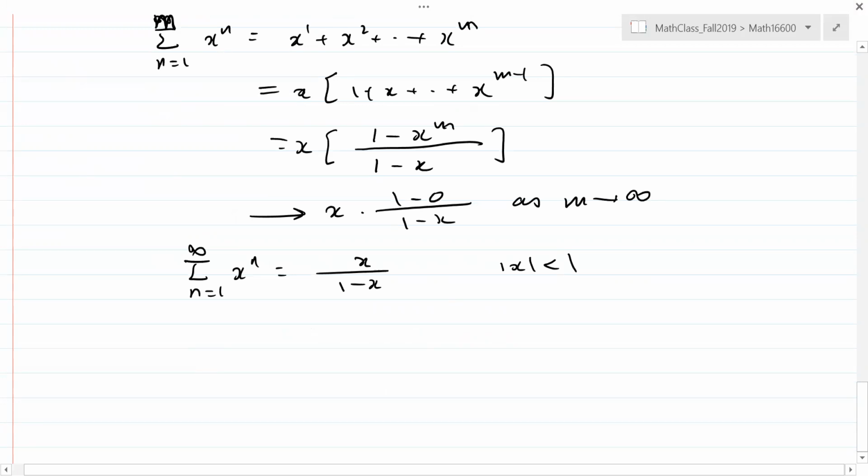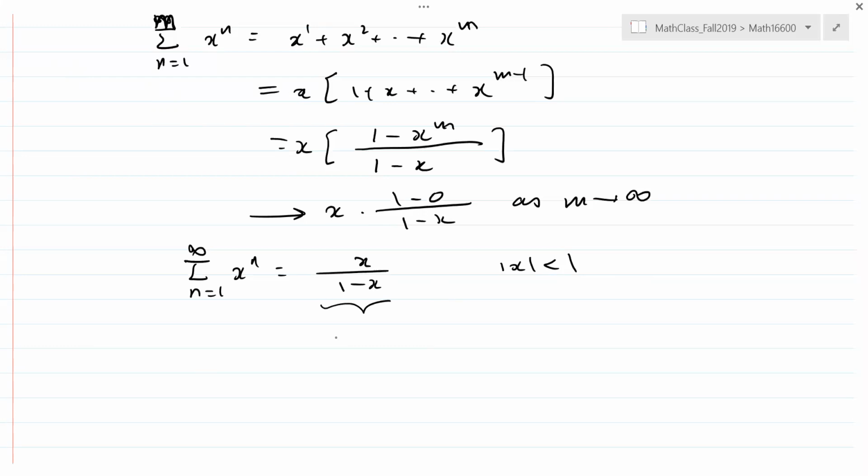But if you look at the formula on the right-hand side, this is defined for much larger values. So x can be beyond that interval. We note that this part can be defined for x outside the interval.